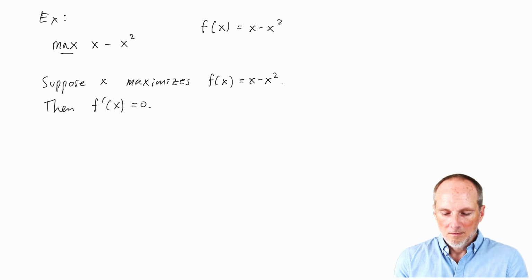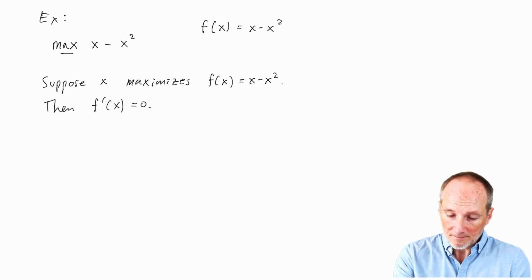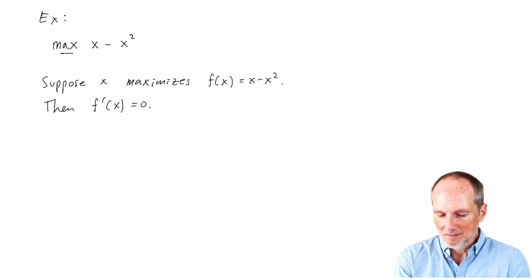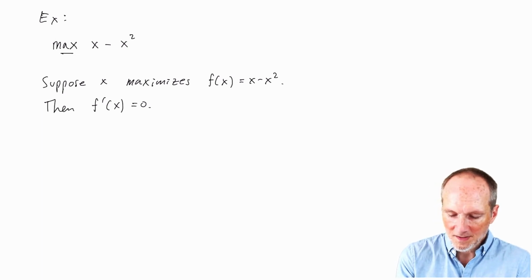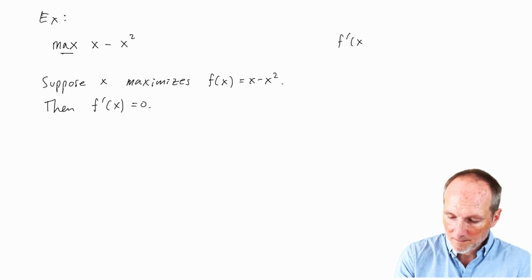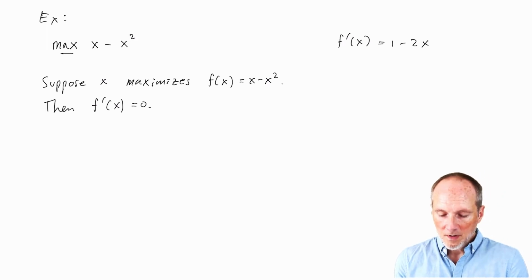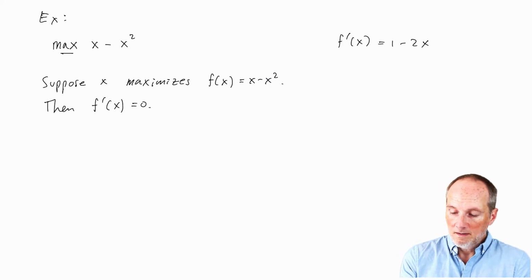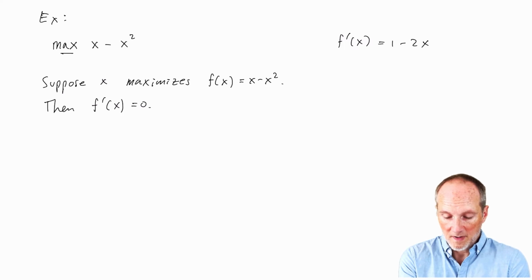So what's the derivative of this function? Well, there's two terms here, but the idea is super straightforward. I'll just tell you that the derivative of the function is 1 minus 2x. Okay. So if there is a maximizer, we know that the derivative has to be 0 at that x.